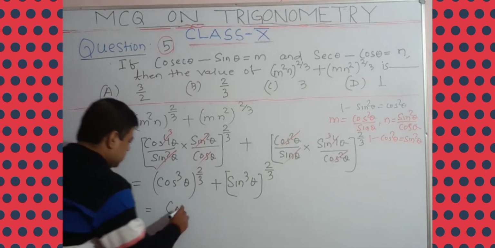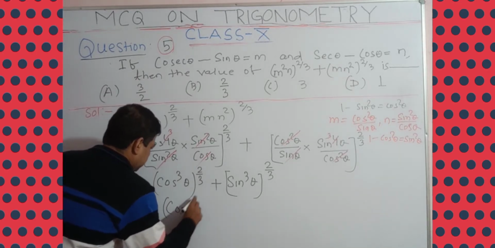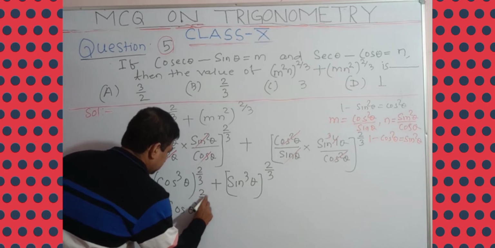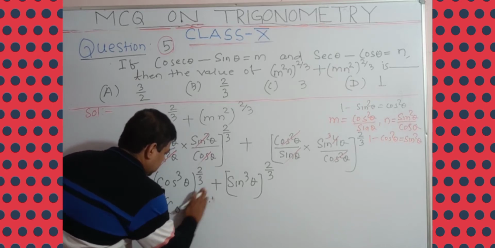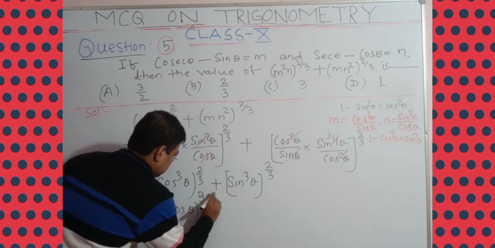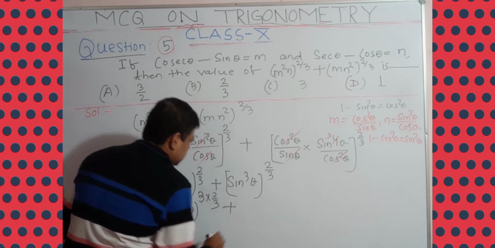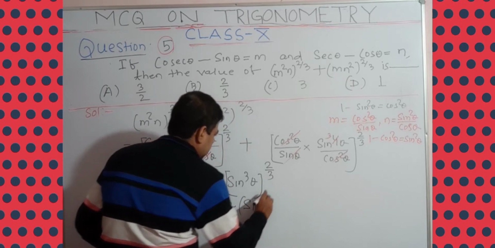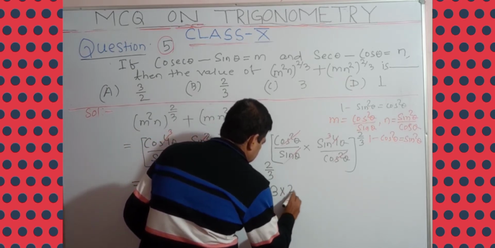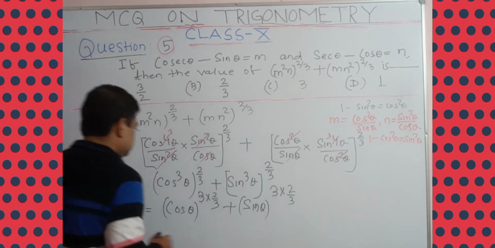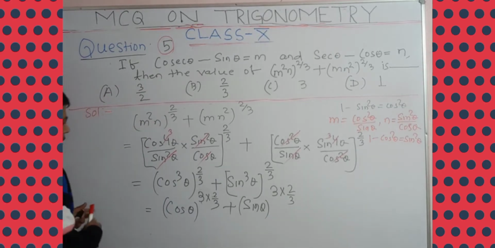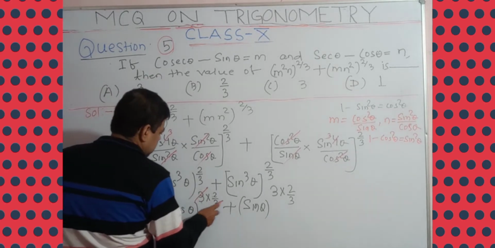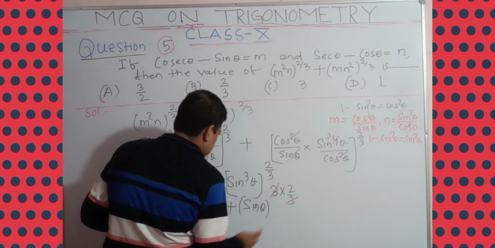Now (cos cube theta) whole to the power 2 by 3 will be (cos theta) whole to the power 3 into 2 by 3, plus similarly you can write (sin theta) whole to the power 3 into 2 by 3. Okay, understand? Here we can cancel 3, and here 3 we can cancel.